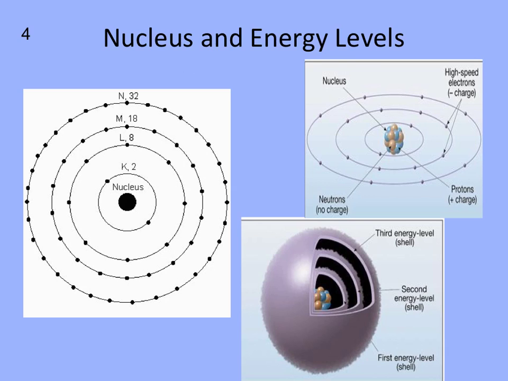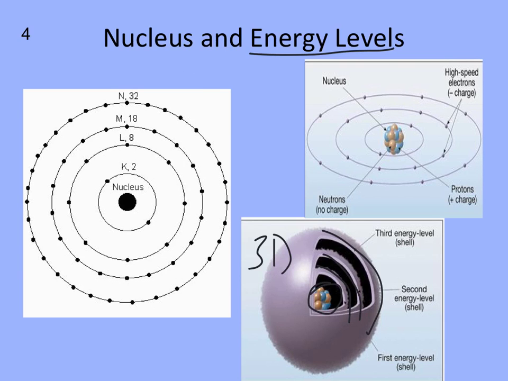So looking a little bit further at the nucleus and energy levels, there's different types of models that show the same thing. For example, this one is kind of a 3D model: here's the nucleus containing our protons and neutrons, and then these energy levels, kind of like little shells around it. And this one has 3 energy shells.